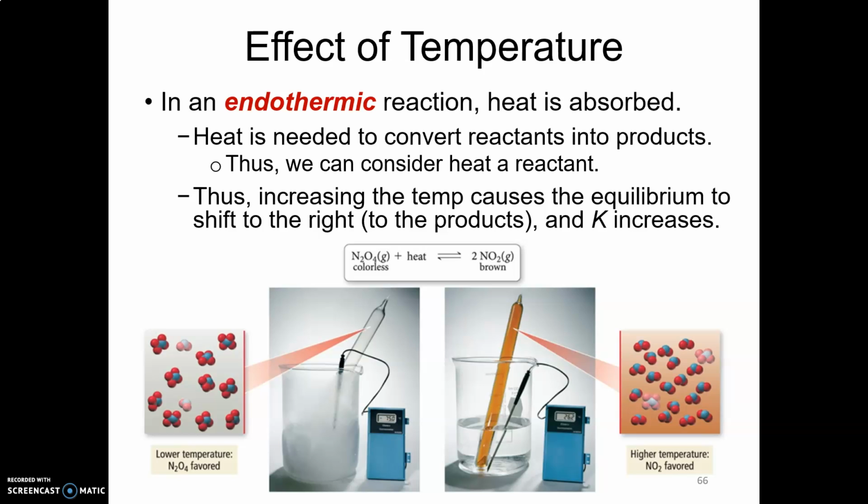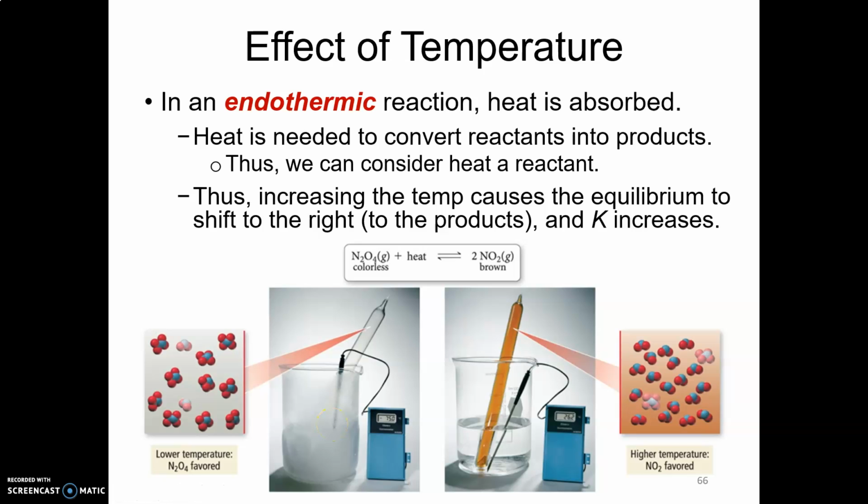If we increase heat on an endothermic reaction, it's going to shift away and become more of the NO2, which is why this becomes brown. Whereas if we remove heat, since it's a reactant, it's going to shift towards the reactants, and hence we get the colorless solution.